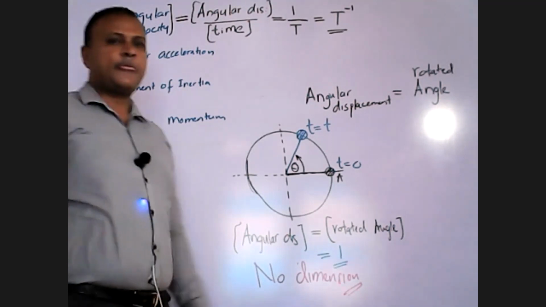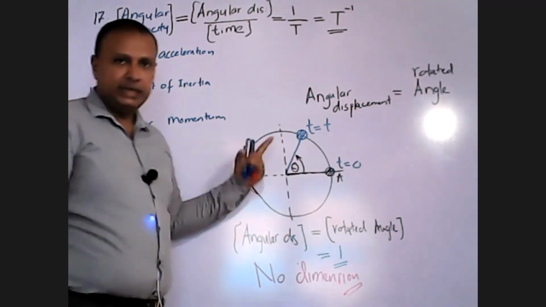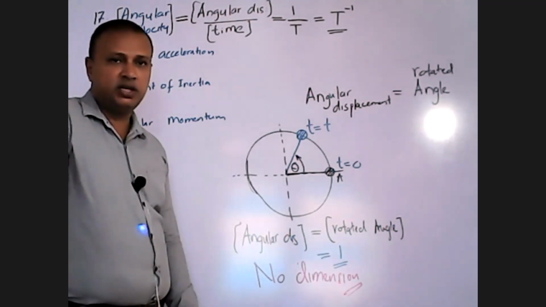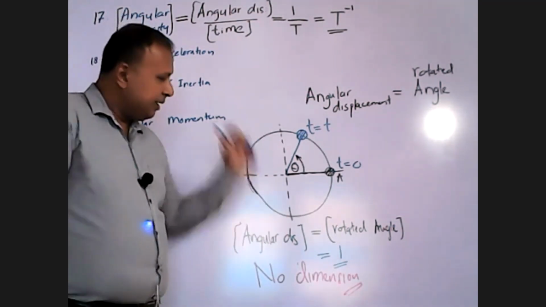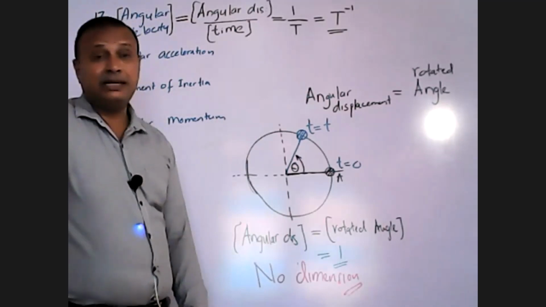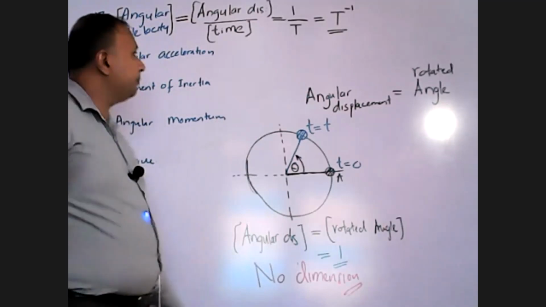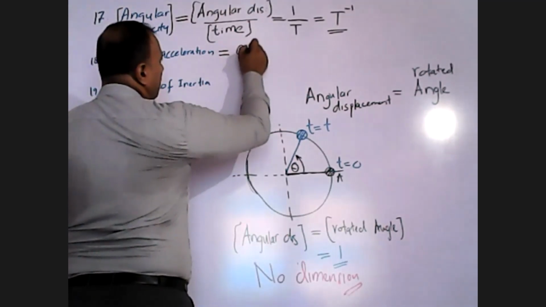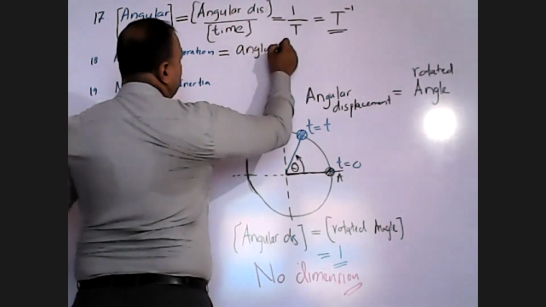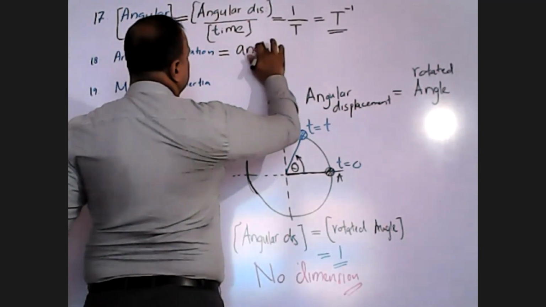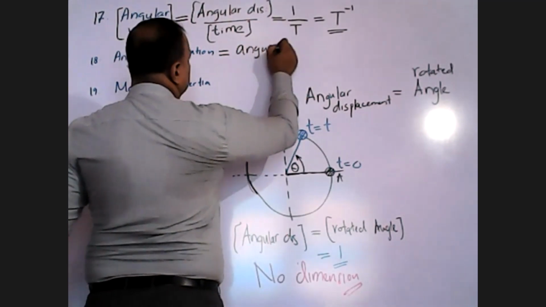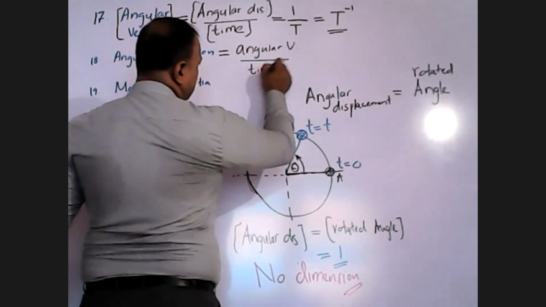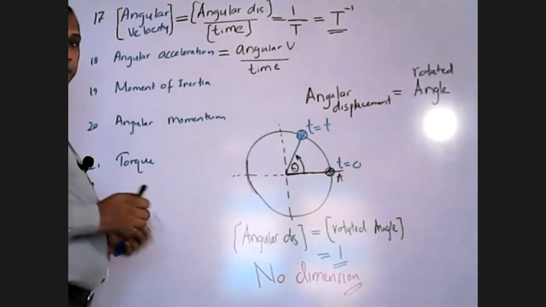Then, same as linear acceleration, we can define angular acceleration too. Angular acceleration is the ratio between angular velocity and time. So angular acceleration is equal to angular velocity over time.